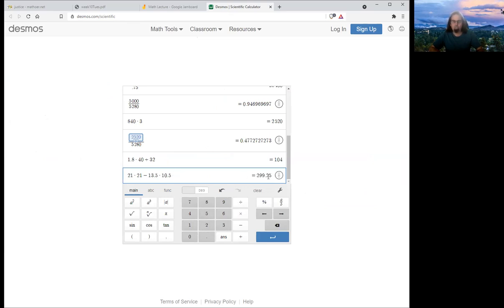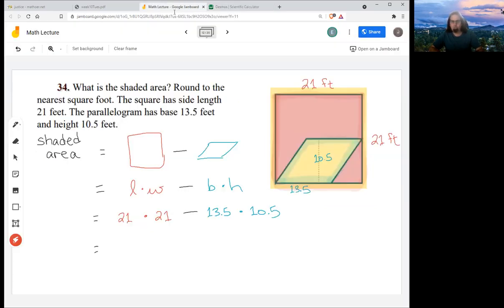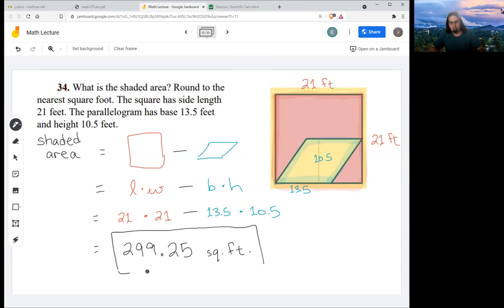And if they didn't hit anything wrong, 299.25. And it's an area, so it's square units and feet. Okay, questions about that one?